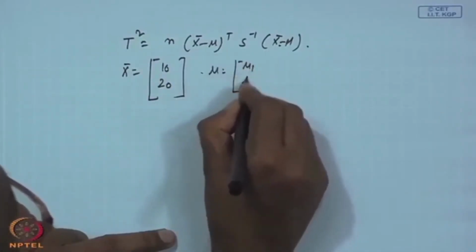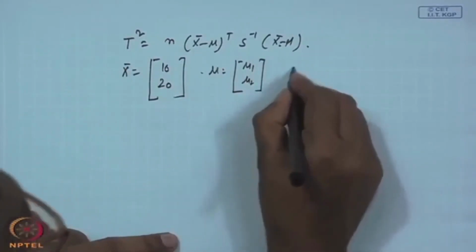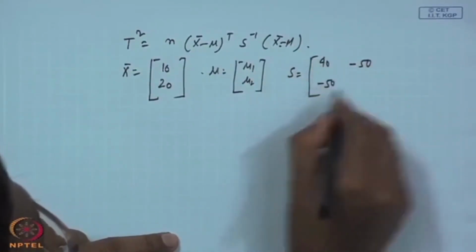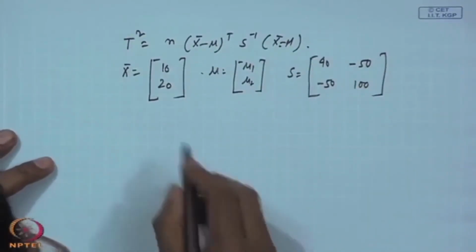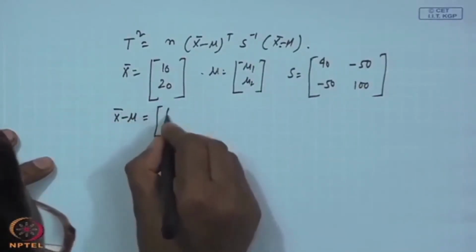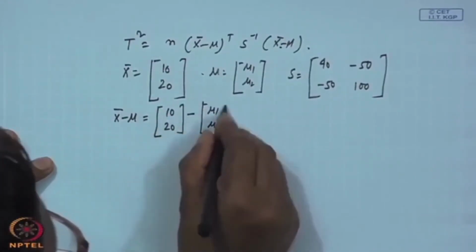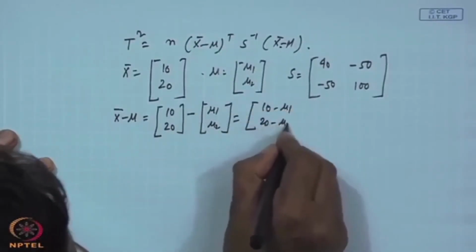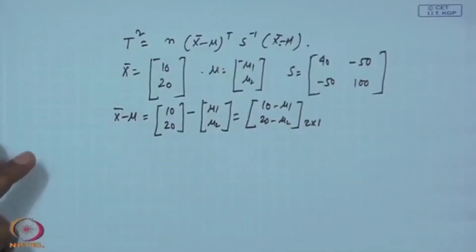Mu is (mu 1, mu 2), because it is a bivariate case. What is S given? S is given as [40, minus 50; minus 50, 100]. You first require to compute x bar minus mu, which is (10, 20) minus (mu 1, mu 2). This is nothing but (10 minus mu 1, 20 minus mu 2), which will be a 2 cross 1 vector.